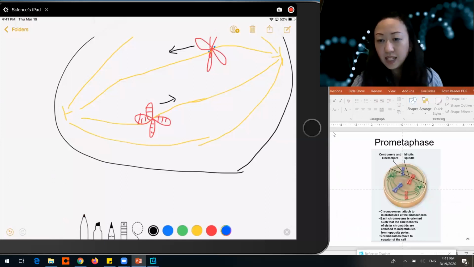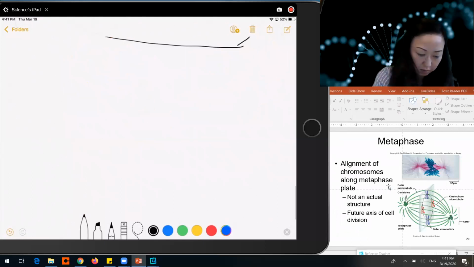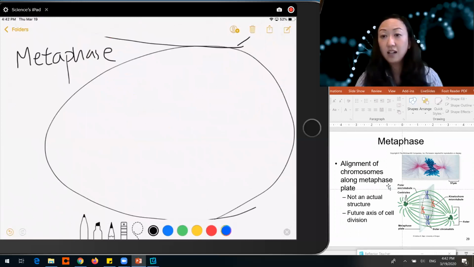Now as you see here, this is a better drawing, but I'm just breaking it down step by step. Then we move on to metaphase. Let's spell it together, metaphase. In metaphase you're still inside a cell membrane.